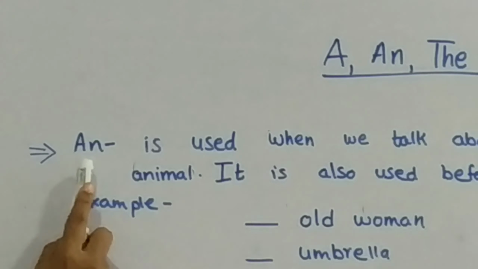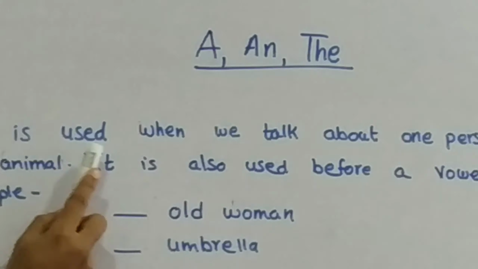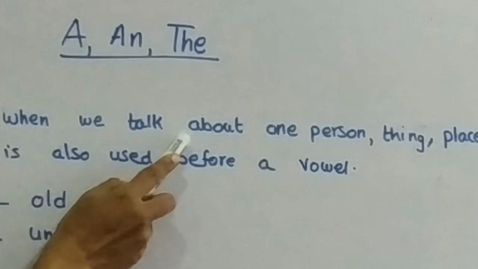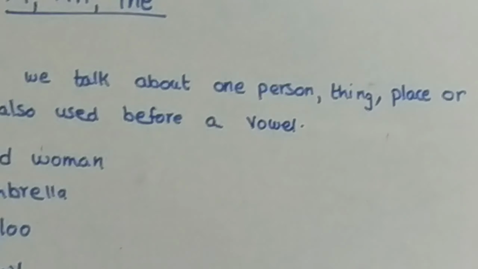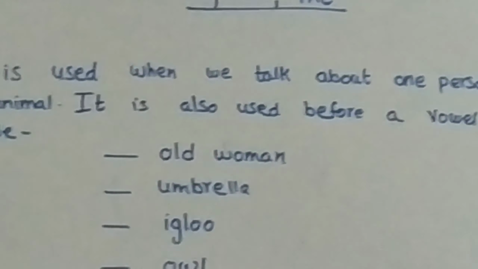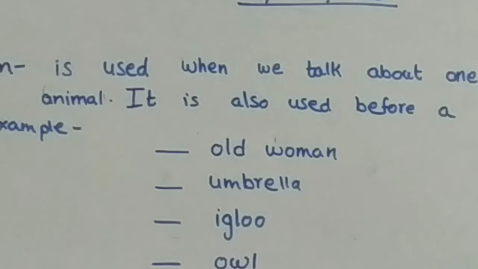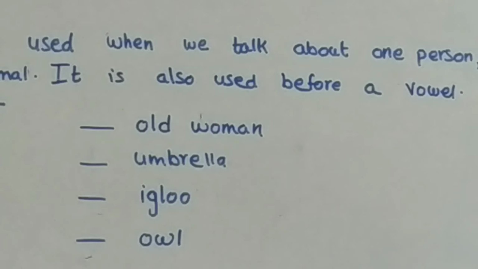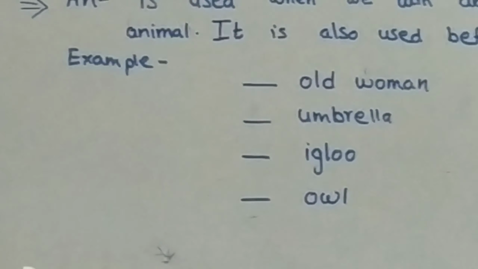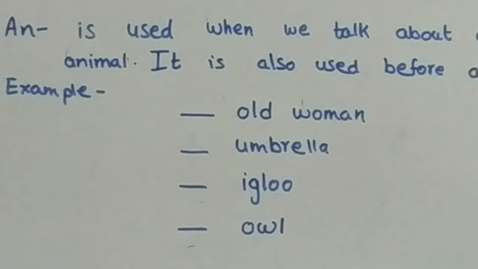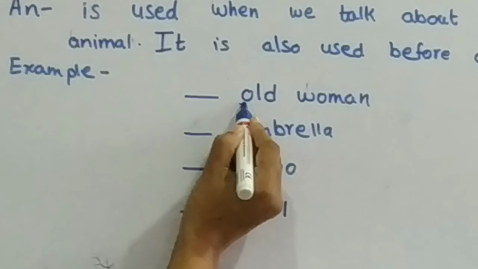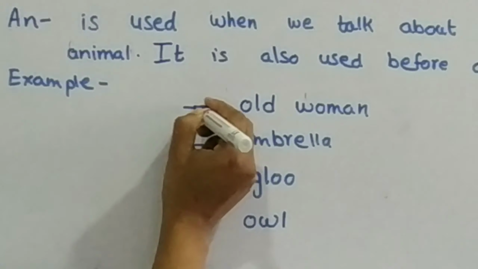C is a consonant, and so we have used here a camera. Now an is used when we talk about one person, one thing, a place or animal. It is also used before a vowel. Okay? A, E, I, O, U. Now example, dash old woman. Here O is a vowel. So what will we write?